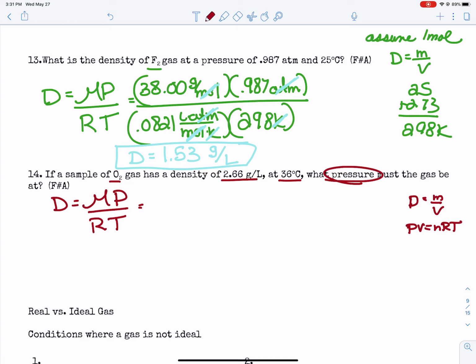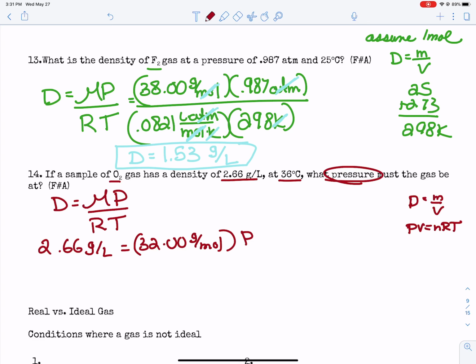So what is the molar mass? 32.00 grams per mole, because we know it's oxygen. Oh, here, let me actually start with rewriting the density. The density is 2.66 grams per liter. The molar mass is 32.00 grams per mole.